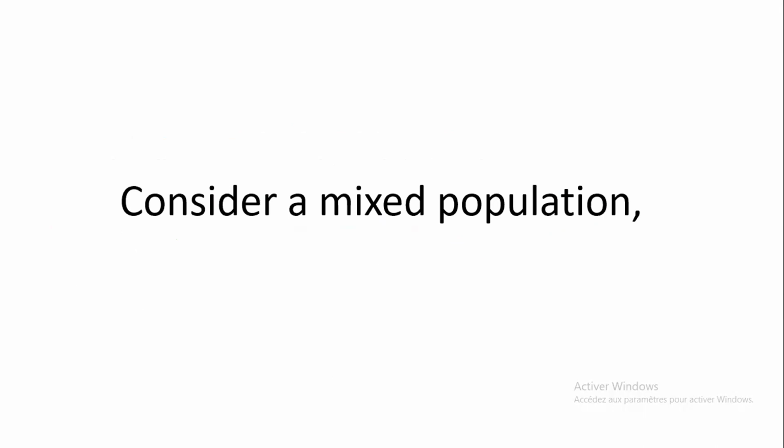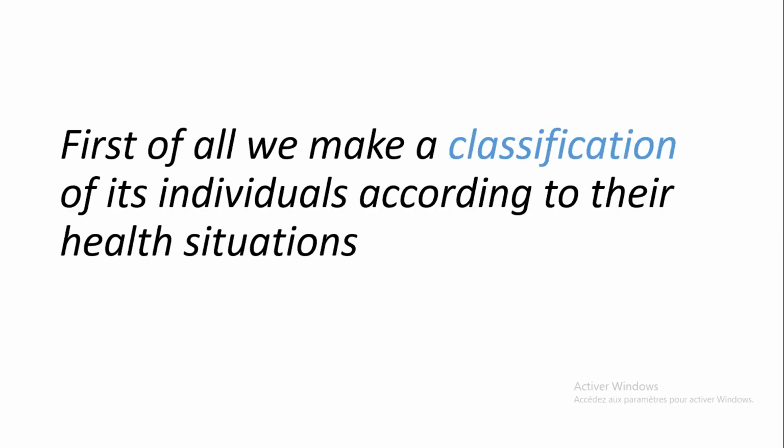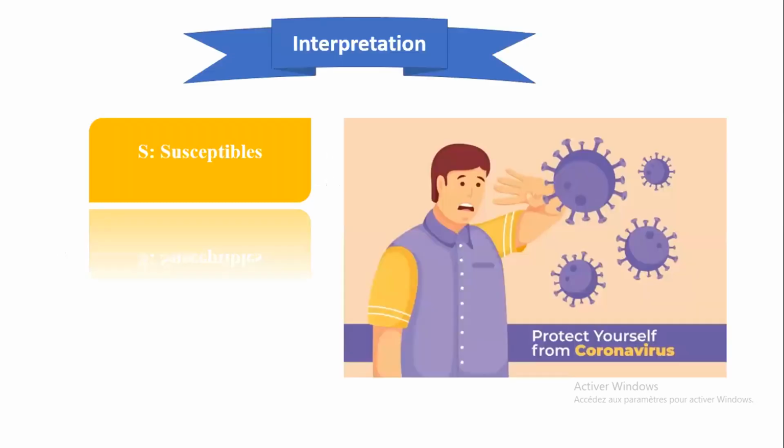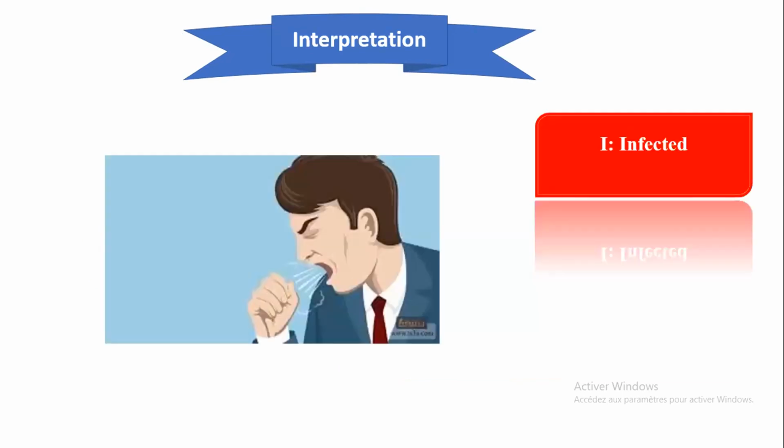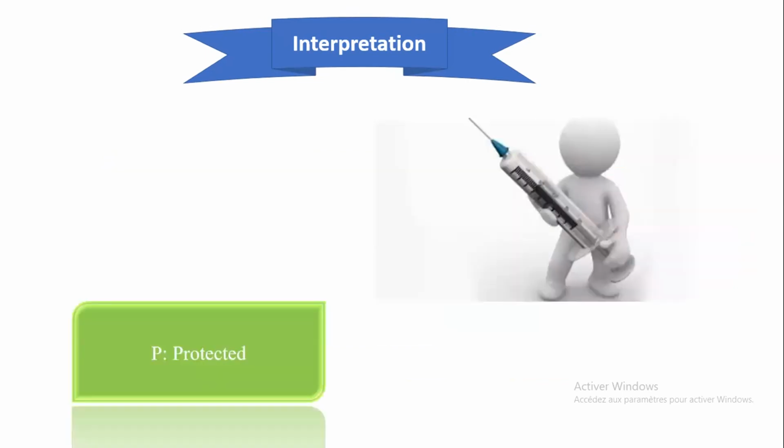Consider a mixed population. Now we make a classification of its individuals according to their health situations. We consider the class of susceptible individuals, who are sensitive to the disease, not infected but sensitive, the class of infected people, and the class of protected people.